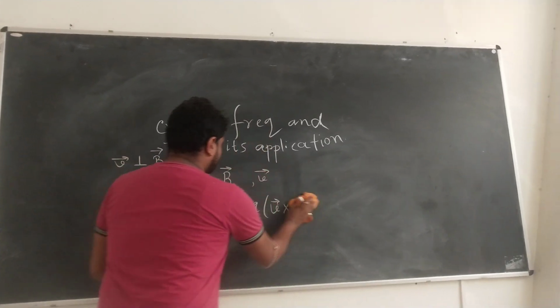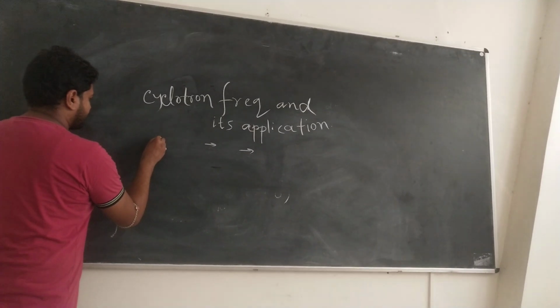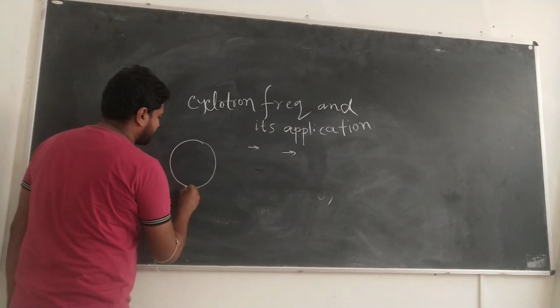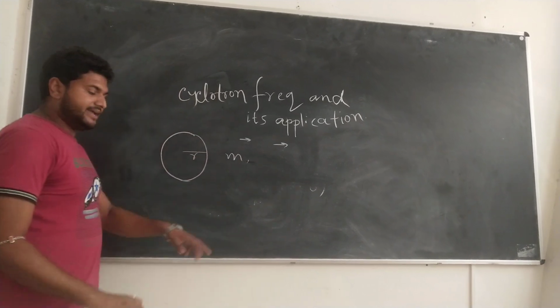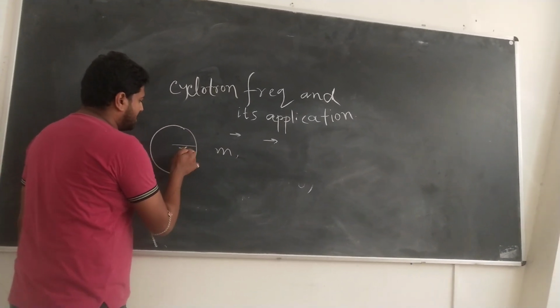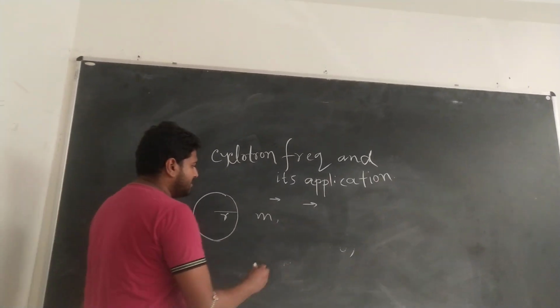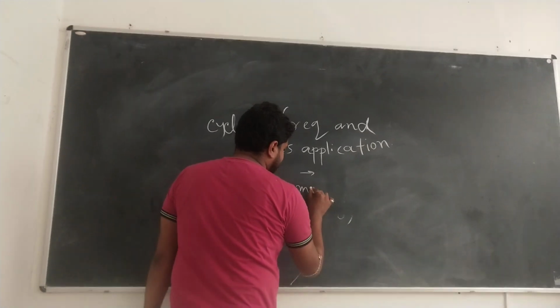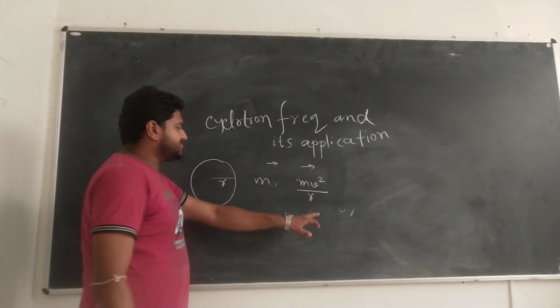If m is the mass of the charged particle and r is the radius of the circular path in which that charged particle is moving, then the centripetal force needed is mv square by r.